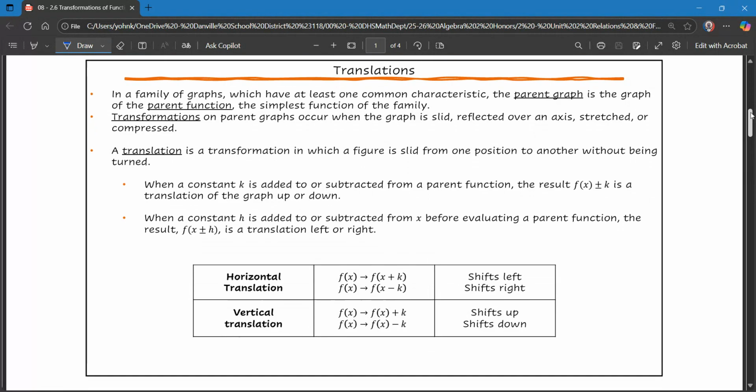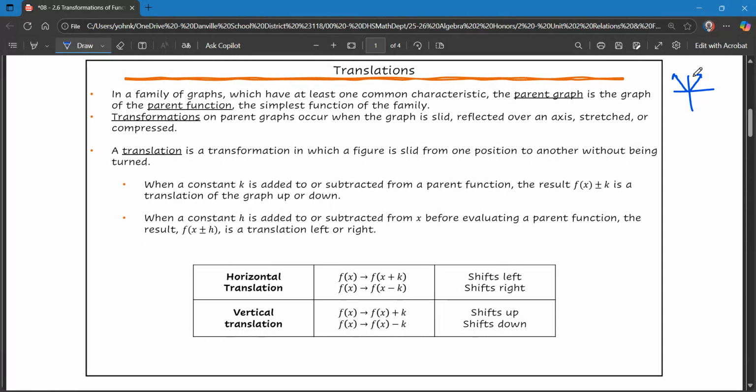So in a family of graphs, which have at least one common characteristic, the parent graph is the graph of the parent function, the simplest function of the family. Basically, the absolute values that we talked about in the last section, that's the parent function. It's the most basic absolute value function.